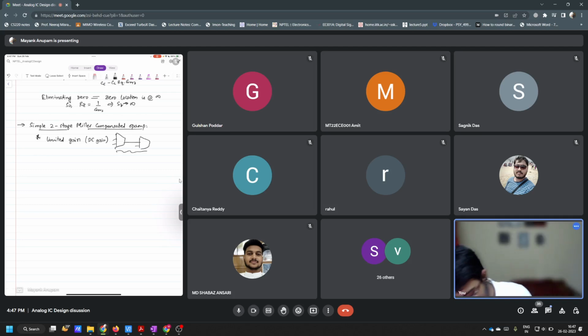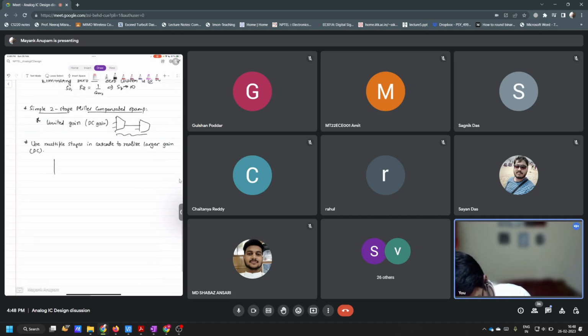So we use multiple stages in cascade to realize larger gain at DC.